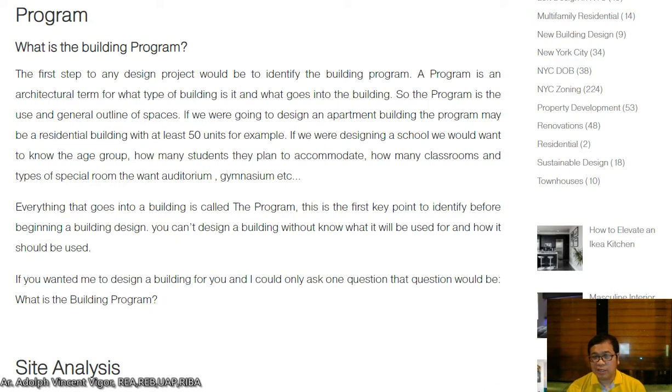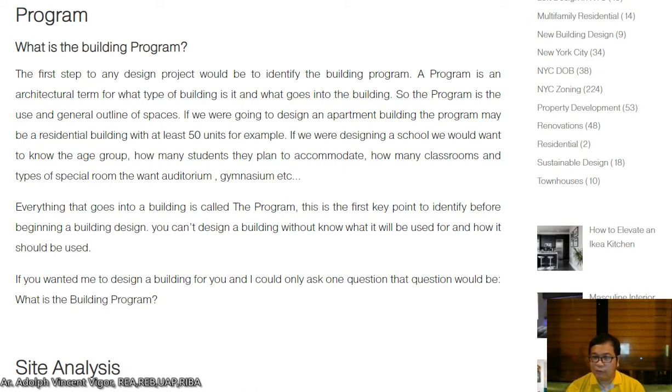In architecture design, this is the stage of space programming. I think in your Design One, you were taught to do your bubble diagram and preliminary plans. These things are important because they allow you to see the interrelationships of the different spaces.